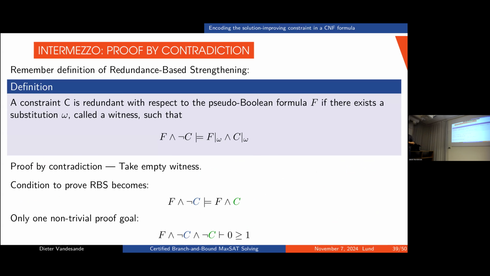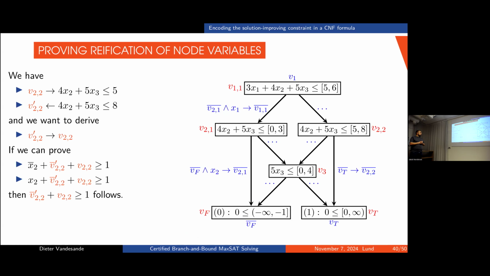What I will need is proof by contradiction, and that's possible to do with redundance-based strengthening. If you want, I can later show you in a bit more detail how it works, but for now, let's just assume that I can do proof by contradiction by doing a trick with the redundance-based strengthening rule. Okay, so how can I now prove this?